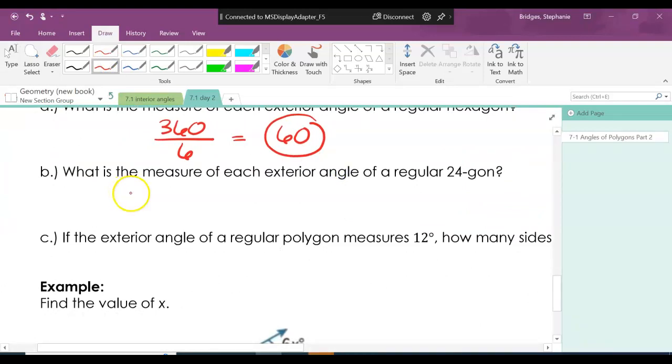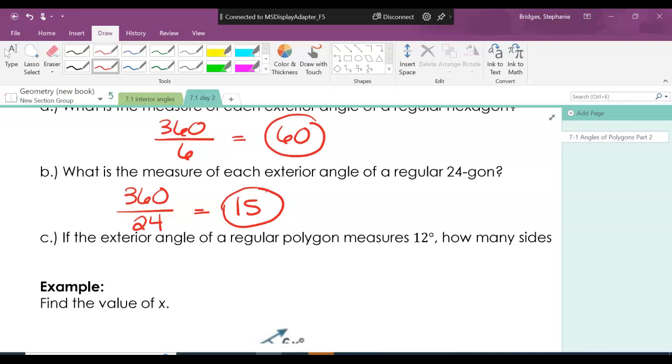It's in the name, 24. So I'm going to take 360 and divide it by the number of sides, which is 24. And that's going to tell me that each one is how many degrees? 15. Is everybody okay with that one? All right, let's take a look at C.